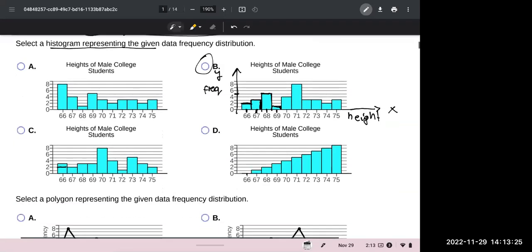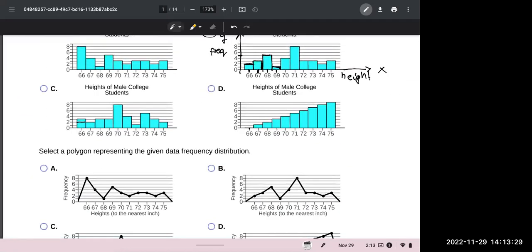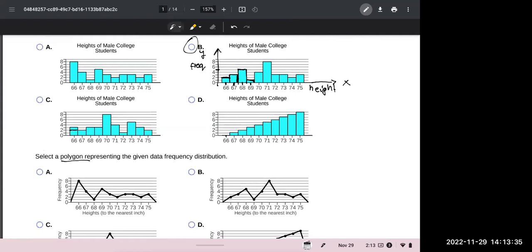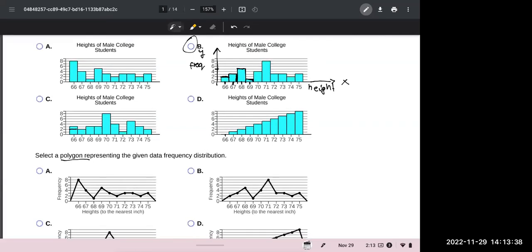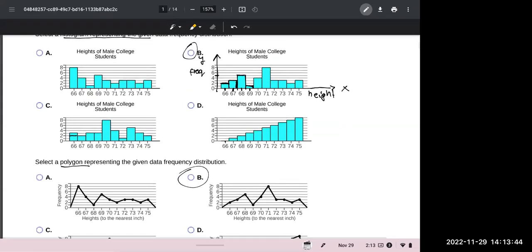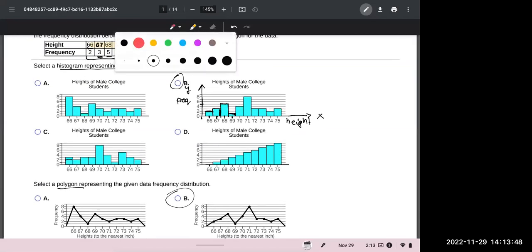And then the second part of this question, you need to select the polygon which represents the frequency distribution table. It's also going to be answer B. You're going to do exactly the same type of work, checking your points.